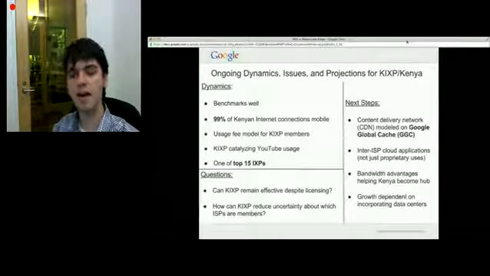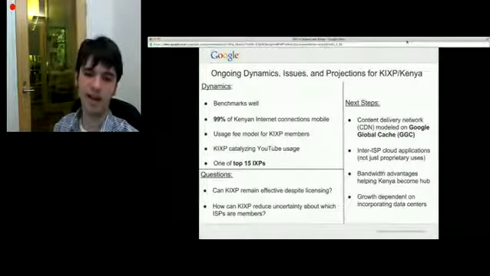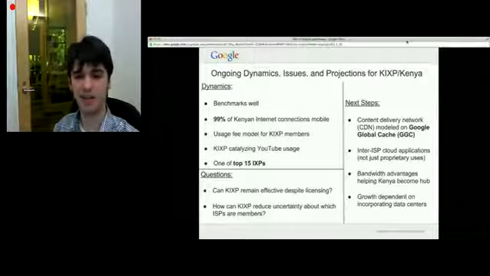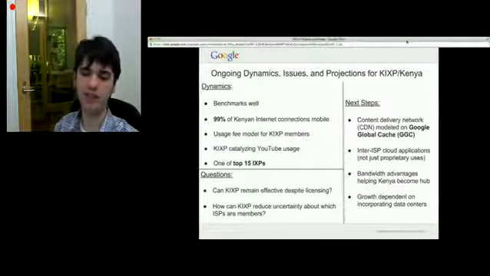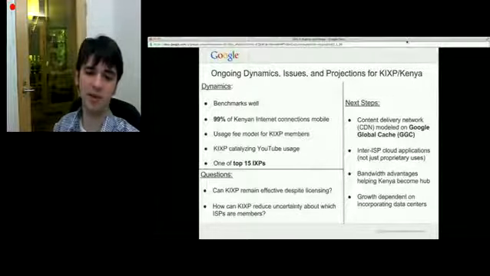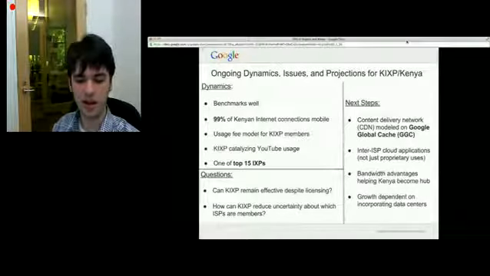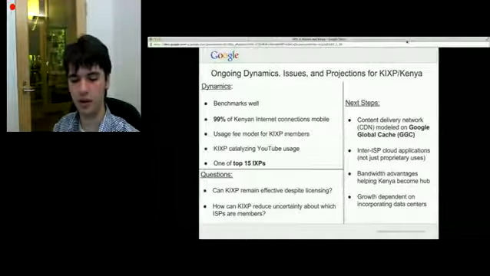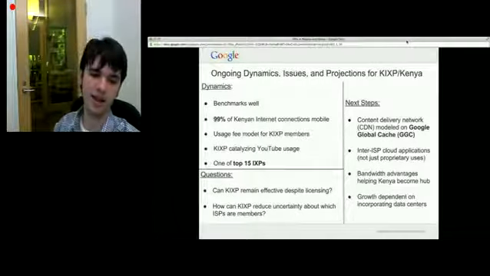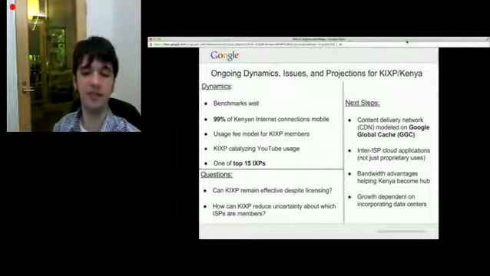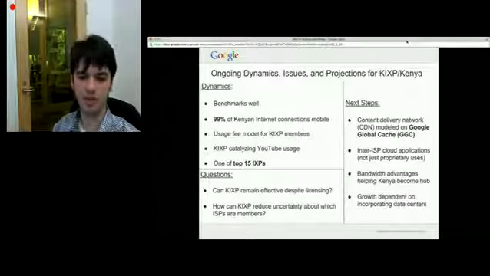Because sometimes corporations in the past have expressed doubt in contracts as they sign contracts with ISPs, saying, we know that being a member of an IXP is quite important, so we'll only keep this contract, or we reserve the right to renege on this contract, if we find out that you aren't really a member of the IXP. So why is there so much uncertainty in that regard, and what can be done to address that? Here are the next steps.